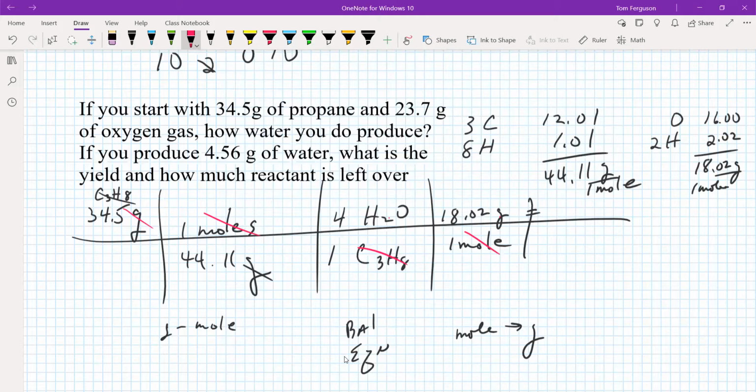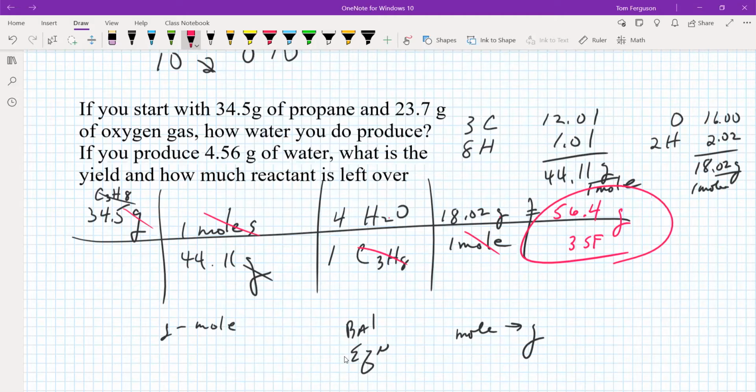Okay, so let's grind this baby out. Okay, so that gives us 56 grams of water.